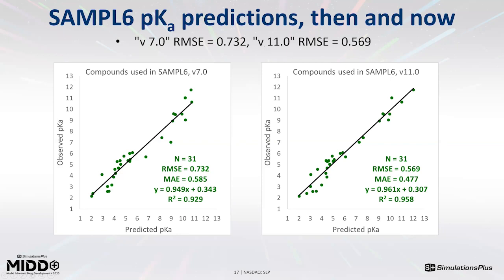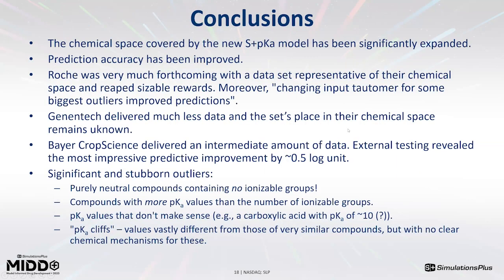Right? So the conclusions of this exercise are that the chemical space has been significantly expanded, and prediction accuracy has been improved quite a lot.